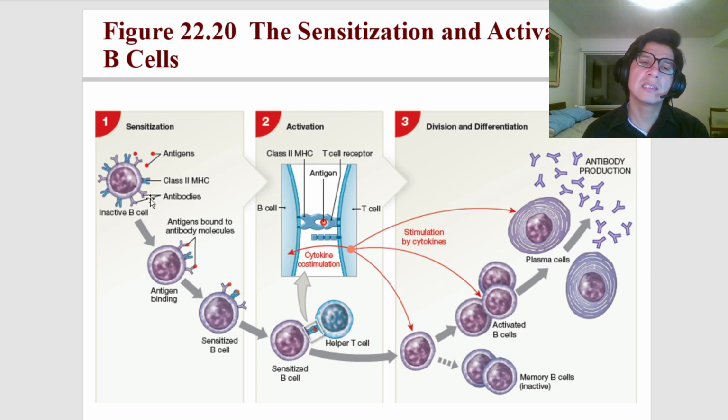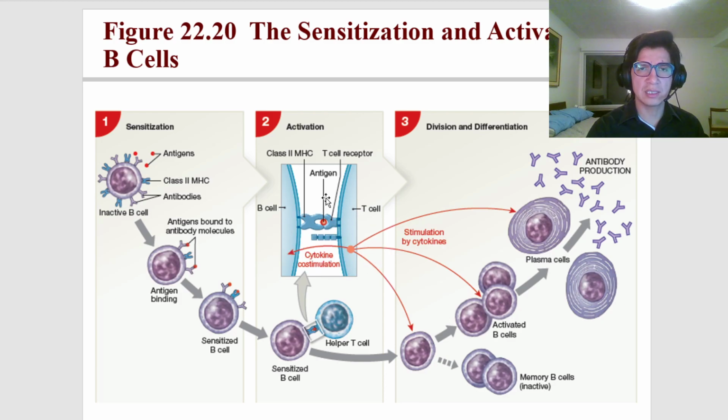So in this case, major histocompatibility complex type 2. So in this case, the B cell is kind of serving that role of an antigen presenting cell to the T cell that contains that cluster of differentiation form.